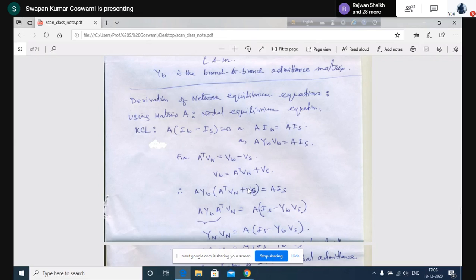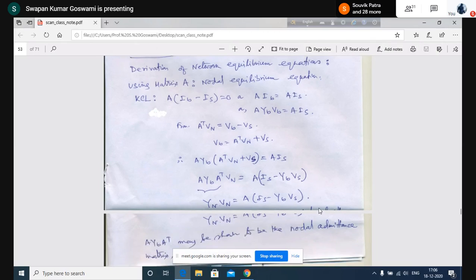Combining these two, A YB A transpose Vn will be equal to A IS minus A YB Vs. Taking A as the common factor, A YB A transpose Vn equal to A times Is minus YB Vs. A YB A transpose I am writing as Yn here.